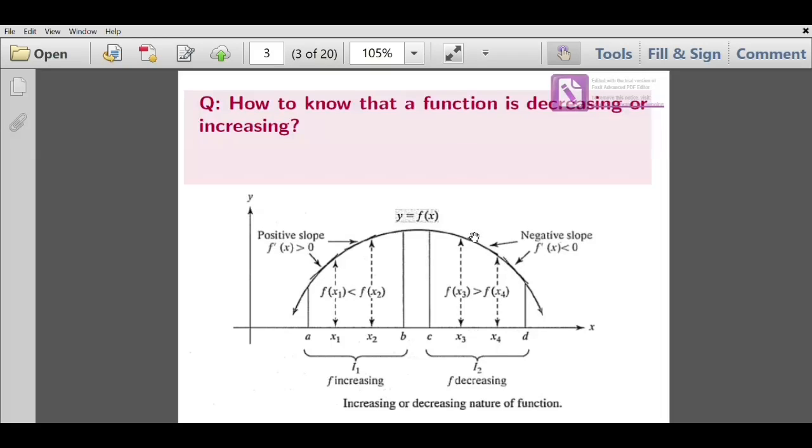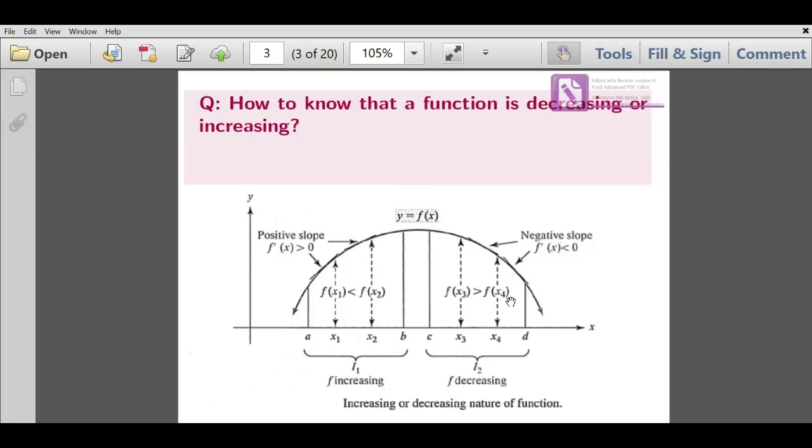Comparing them, f(x3) is greater than f(x4). So your function is decreasing on the interval I2, and this holds for all values in this interval: whenever you take x3 less than x4, f(x3) is greater than f(x4), so you conclude that your function here is decreasing.